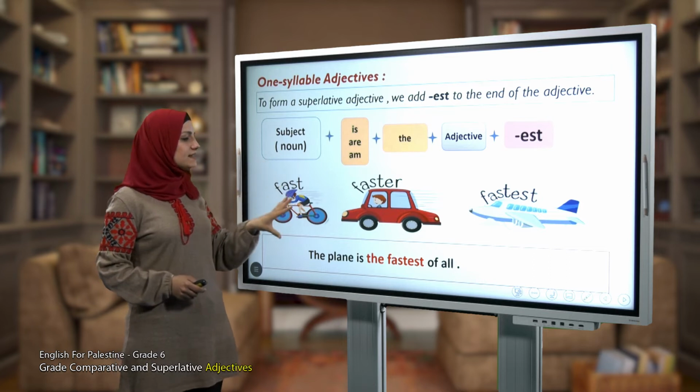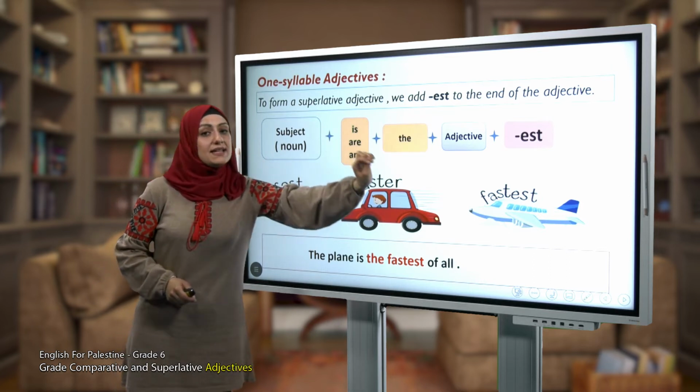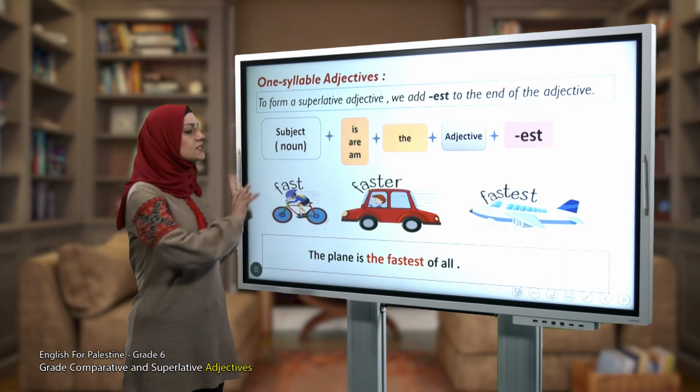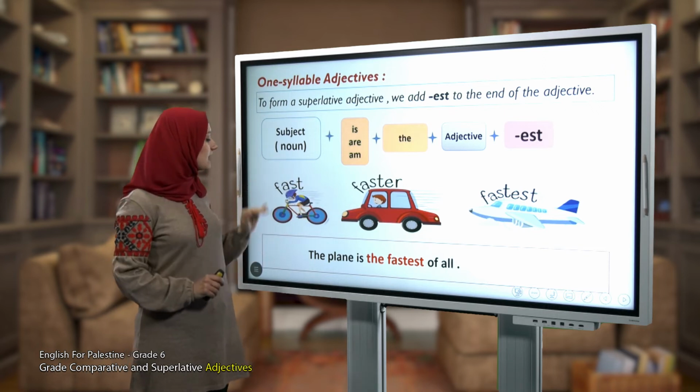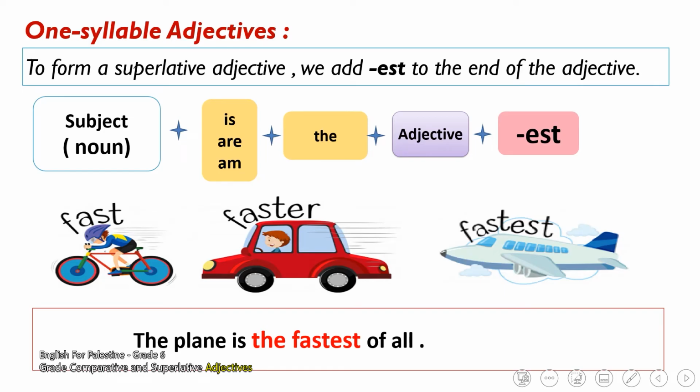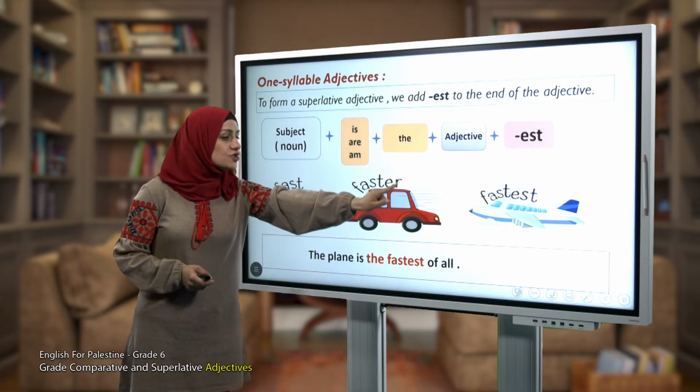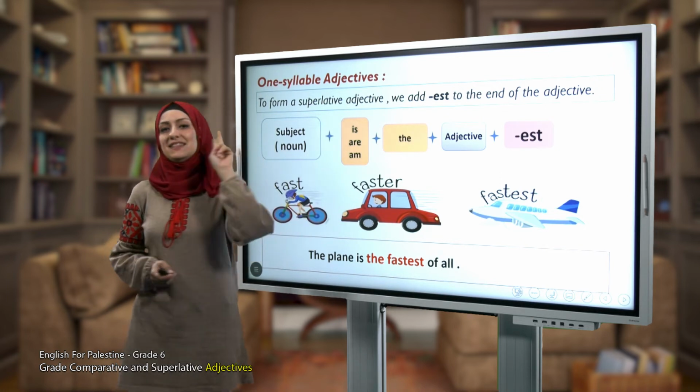Here we have a bicycle, a car and a plane. Let's compare between them. The bicycle is fast, right? But the car is faster than the bicycle. The plane is the fastest because it is faster than the car and the bicycle.